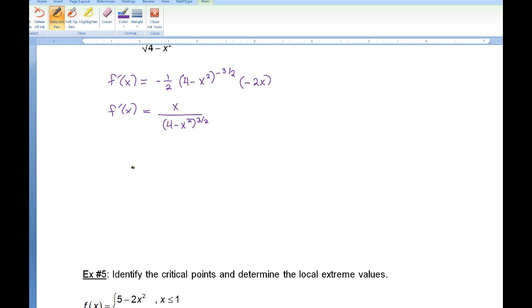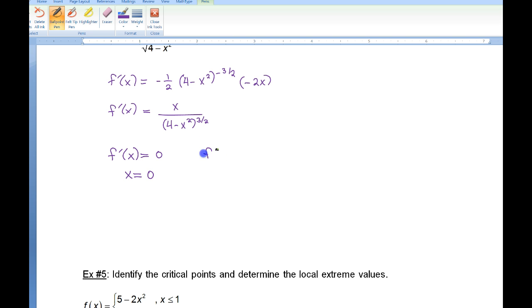So we have critical points. Where would be the critical points here? Why is there a negative? Oh, because it's giving that. Okay, so let's set it equal to 0. When we set it equal to 0, that's just setting the numerator equal to 0.